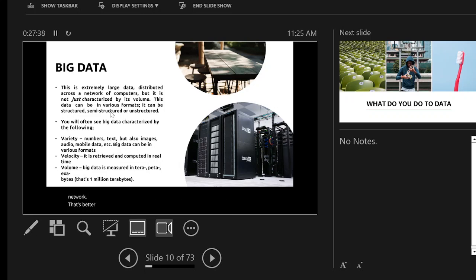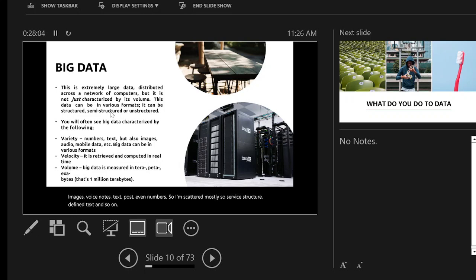Unstructured is like images, text. Text is semi-structured, but images, voice notes. What else do people post on social media? Images, voice notes, text, of course, even numbers. So unstructured mostly, so semi-structured, we find text, and so on.